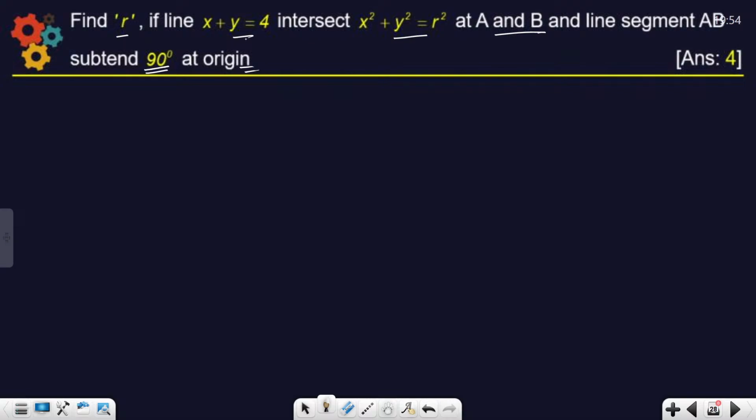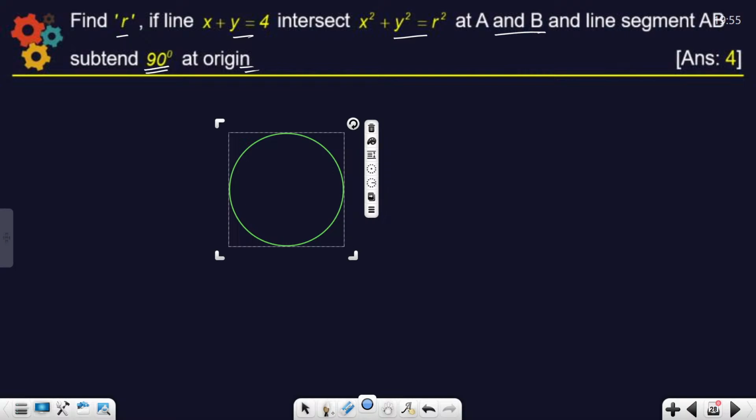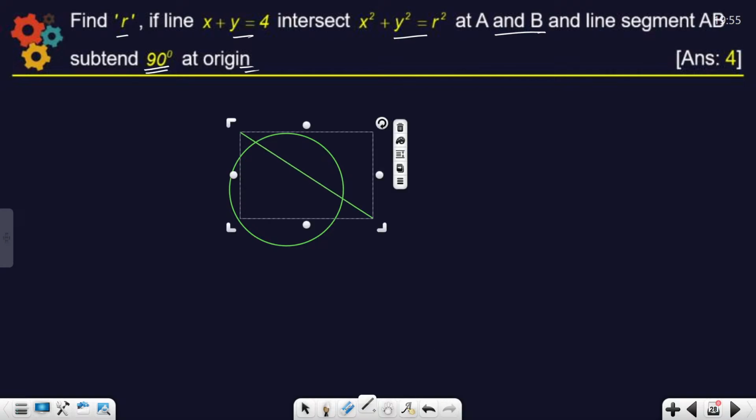Again, they are saying that this line intersects this curve at 2 points. So there is a circle and there is a line x plus y is 4.